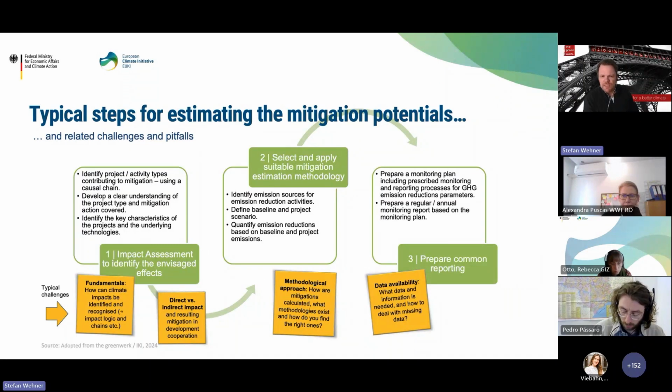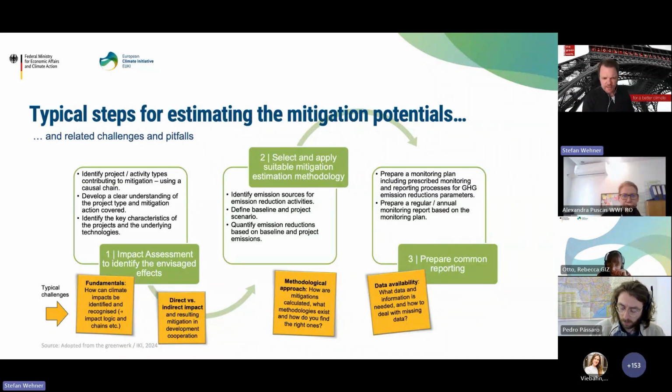So a good understanding in the beginning of which data is available, which data do we need, which data can we source as a default value from some statistics, or which data do we need from our projects, from our partners, which might be to collect or even to measure. So that final part is already integrated in the estimation in the beginning.